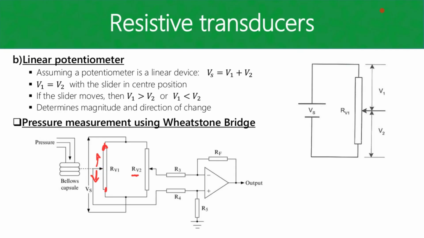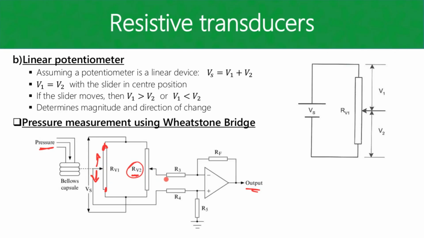RV2 can easily be a potentiometer to adjust the reference, and your output is probably driving something that will control the pressure there.